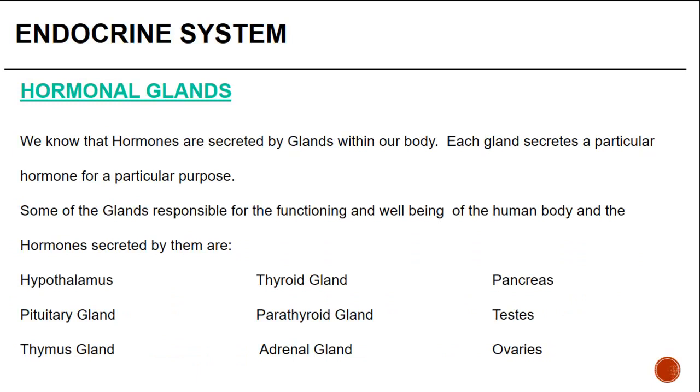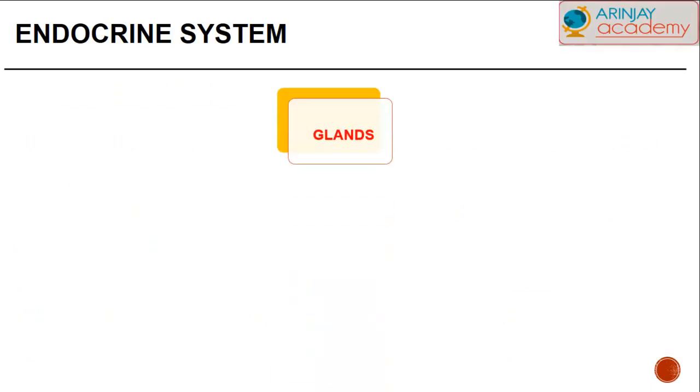There are different glands that are responsible for the secretion of different hormones, each hormone having a particular function. These glands are the hypothalamus, pituitary, the thymus, the thyroid, parathyroid, adrenal, pancreas, the testes, and the ovaries. Let's have a breakdown of these glands in the form of a diagram. We have our hormone glands.